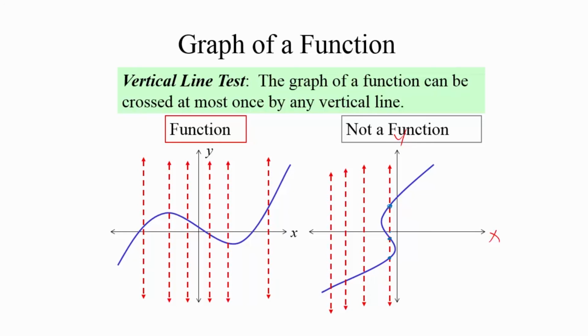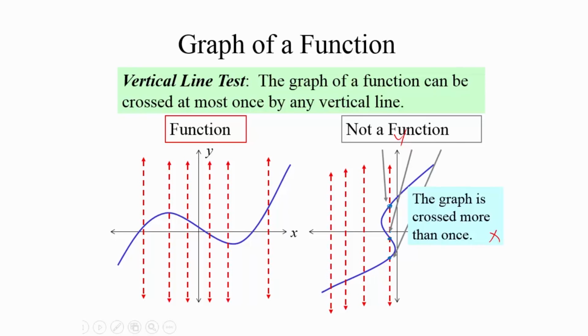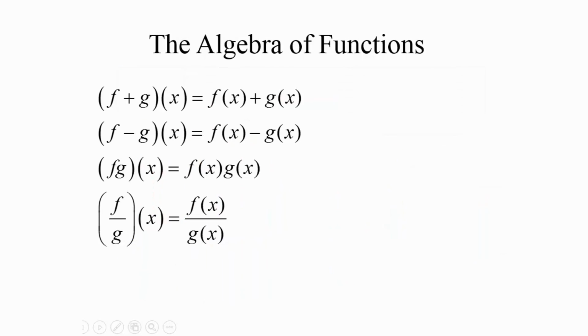For a given value in the domain, you should have only one value in the range. Now here, for a given value in the domain, which is the x value, you get 3 different values for y. So that is unacceptable. That makes this not a function. The graph is crossed more than once, so it is not a function.